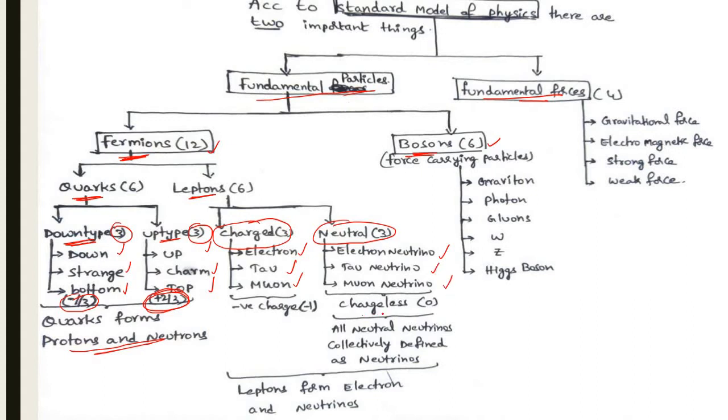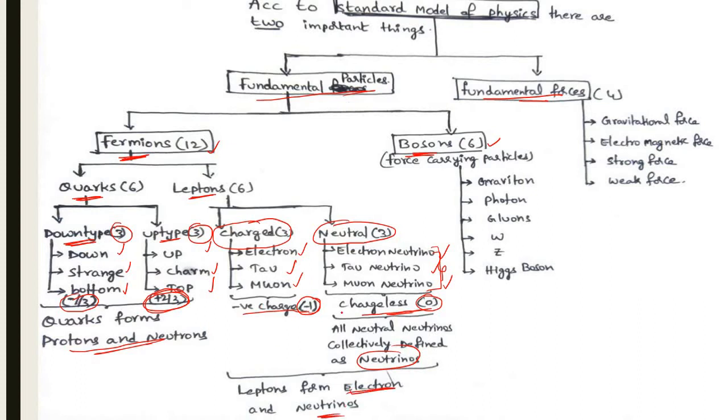These 3 neutrinos are chargeless, whose charge is 0, and the charged ones are negatively charged with a charge of minus 1. So these 3 are combinedly called neutrinos, but leptons form electrons and neutrons.